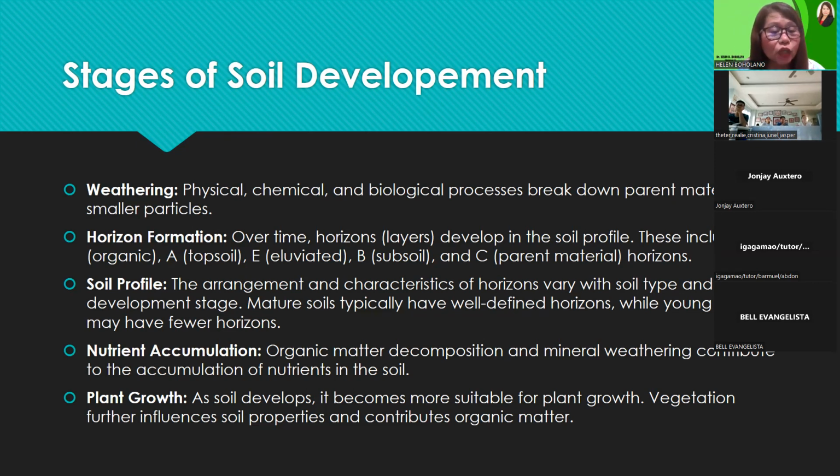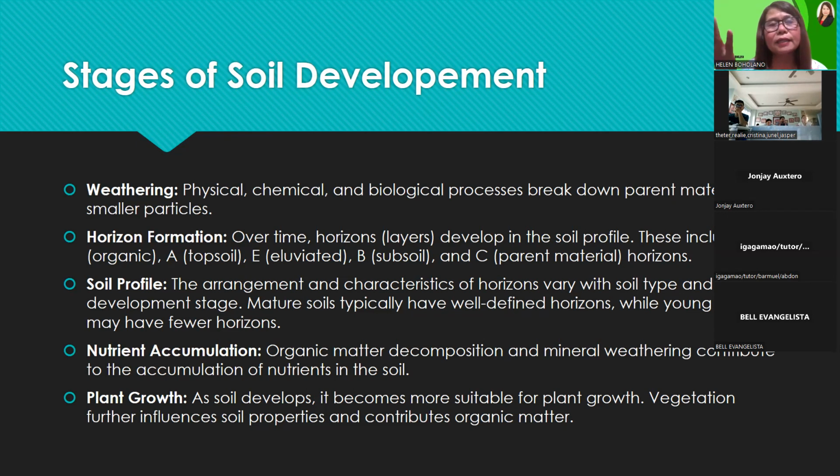Then the nutrients accumulation. Organic material decomposition and mineral weathering are very essential to the accumulation of nutrients in the soil. And of course, the plant growth. As soil develops, it becomes more suitable for plant growth.